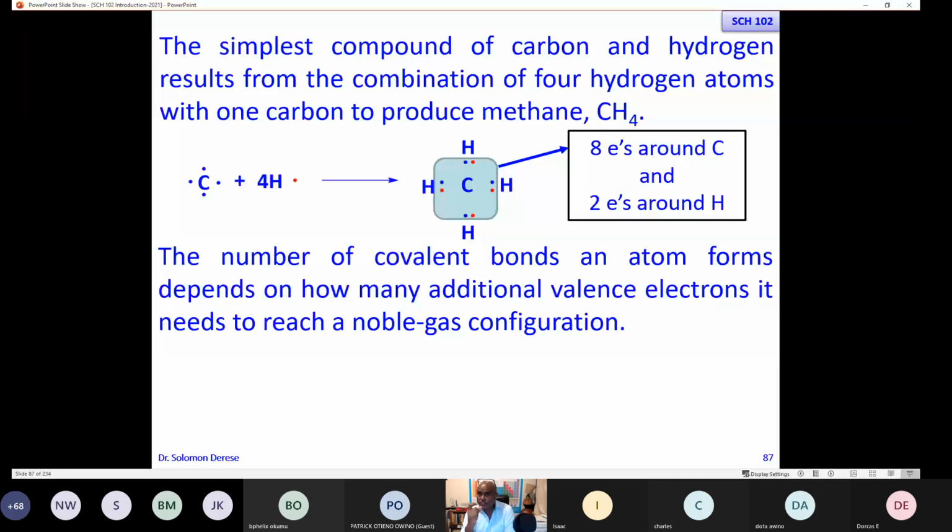As a result, oxygen forms 2 bonds. The simplest example of an oxygen compound is H2O, water. In water, you have the oxygen forming 2 bonds with 2 hydrogens. Oxygen is divalent, meaning oxygen forms 2 bonds because to have an octet of electrons, it needs 2 additional electrons.